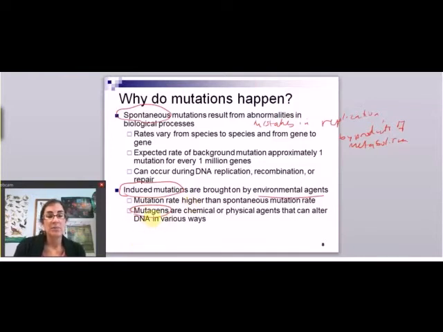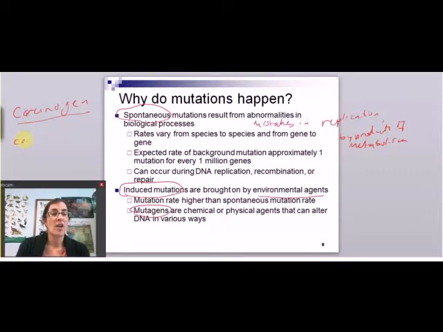So that literally means creating mutations. And they can be chemicals, they can be physical things like UV or X-rays that can alter the DNA in various ways. Mutagen may sound like another word you've heard before, carcinogen. A carcinogen overlaps with a mutagen.